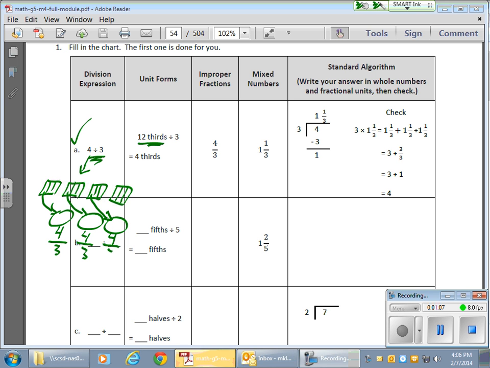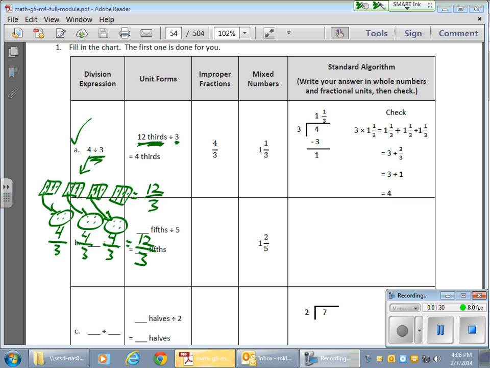Meaning 1, 2, 3, 4 will go right there. A third, a third, a third, a third from those will go there. And the last third from each of these will go right there, for a grand total of 12 thirds. I split each of these 4 into thirds, which gives me a total of 12 thirds. So that's where the 12 thirds comes from.